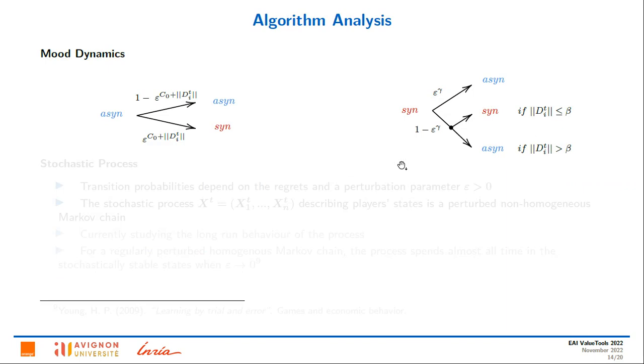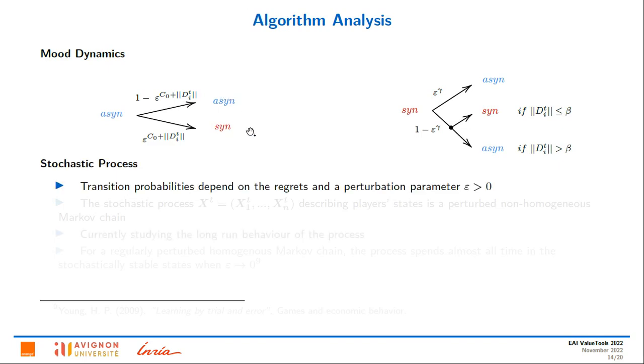In the algorithm, the moods evolve according to these probabilities of transition. The idea is that the lower the regrets, the higher the probability to transition from asynchronous to synchronous. The probabilities of transitioning depend obviously on the regrets and also on the perturbation parameter epsilon.